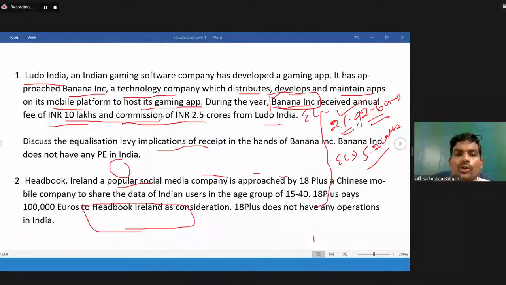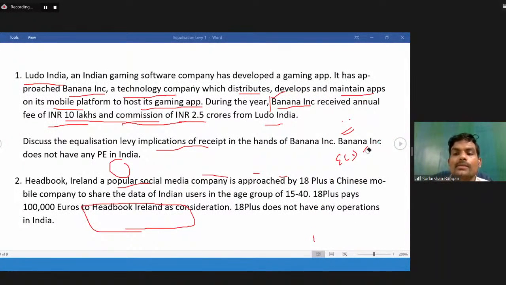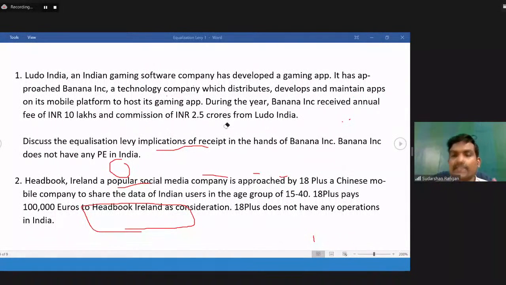Then in such a scenario, equalization levy of 2% will be levied on the non-resident e-commerce operator. So the non-resident e-commerce operator here has to discharge and pay the equalization levy. In equalization levy 1.0, that is for online advertisement, the onus was on the resident buyer. Here, the onus is on the non-resident e-commerce operator. So we have discussed the first part. Let's look at the second question, the second variation.